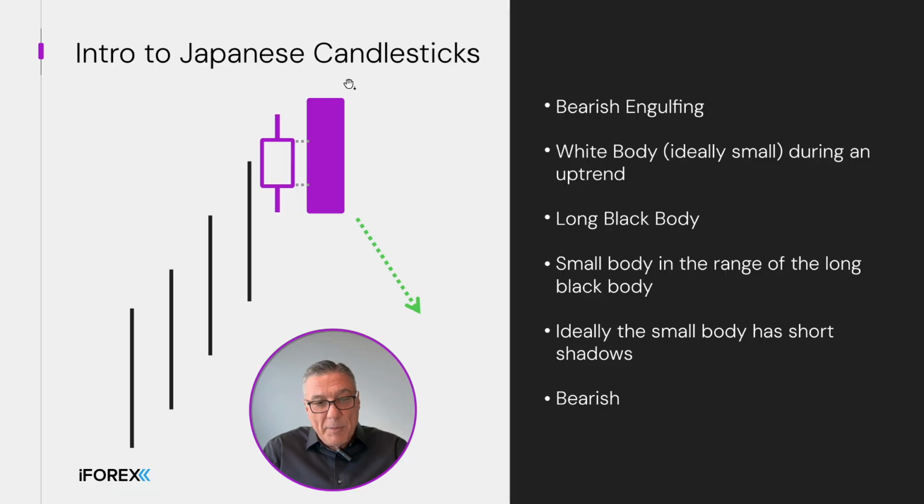But then a long black body, for some reason that we do not know, is formed, and this long bearish body contains the previous body, meaning the open and close price of the previous candlestick is within the body of the long bearish candlestick. Again, filtering might be overbought oscillators, resistance near this area.